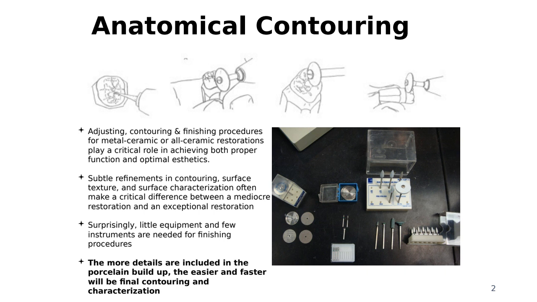Surprisingly, little equipment and few instruments are needed for finishing procedures. And that's true, because the more instruments we use, first of all, there are certain requirements in terms of each material that we use, right? So for instance, if we're using something to grind porcelain, what kind of burrs can we use to grind porcelain?